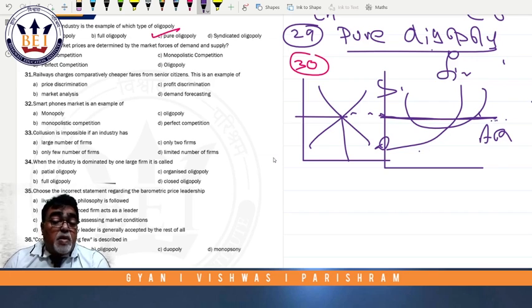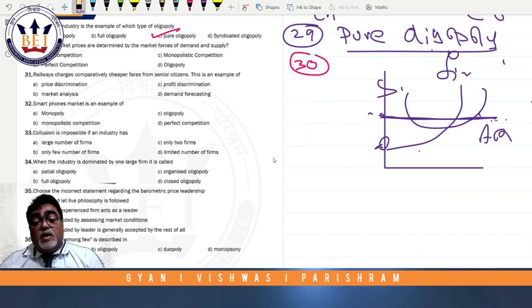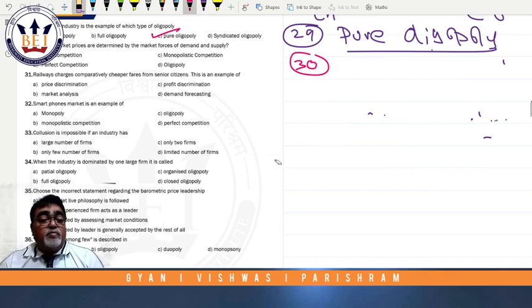Pure competition is a part of perfect competition. We're talking about four things: homogeneous product, firm is a price taker, large number of buyers and sellers, and free entry and exit, we call it pure competition. And adding knowledgeable buyers, perfect mobility of factors, no transport cost, exhibits perfect competition. So pure competition, beta, is a part of perfect competition, and perfect competition comprises pure competition.